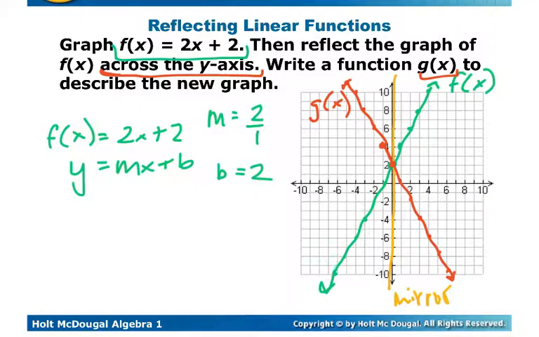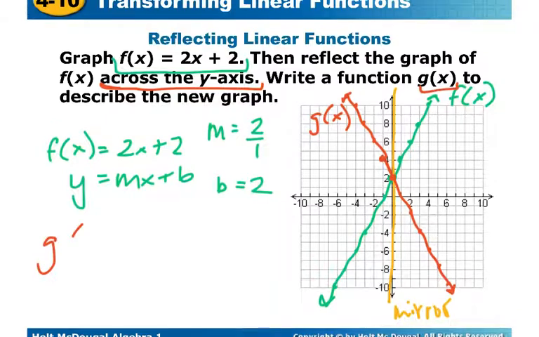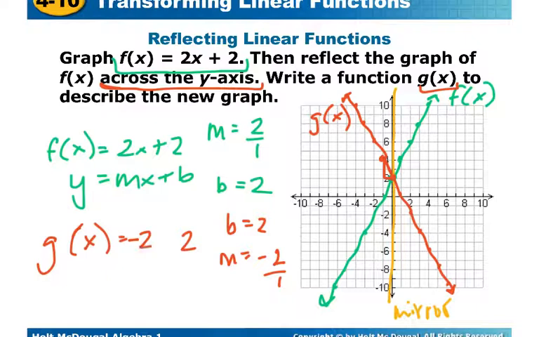Alright, we also want to write a function to describe that. So g of x. We just said it intercepts at 2, just like the other one, so our b equals 2. And then our slope, we kind of talked about it in its reflection idea, but it does go down 2 over 1. So that's going to mean negative 2 over 1, or just negative 2.